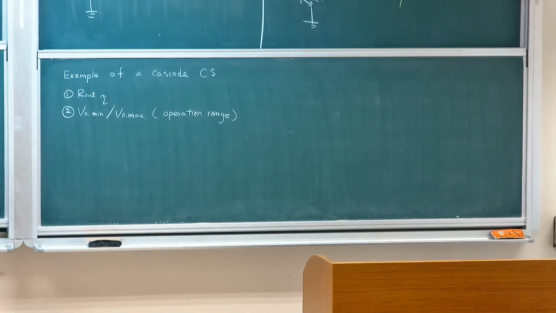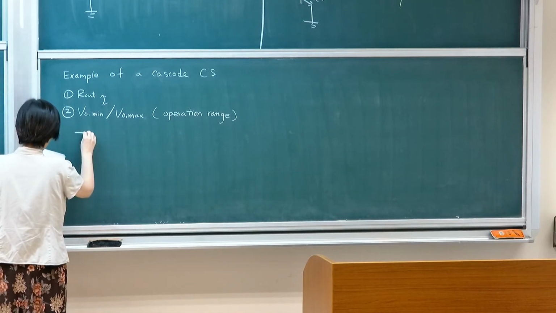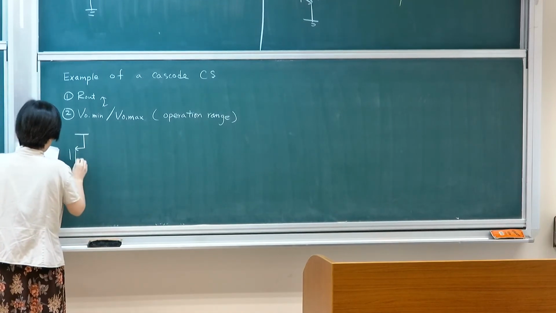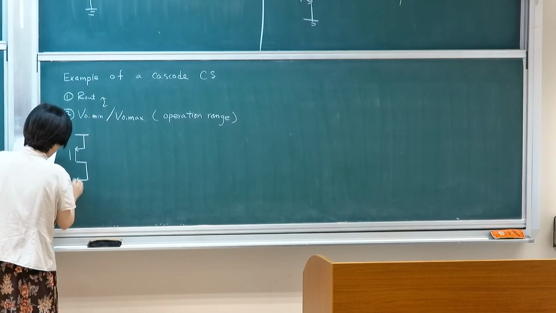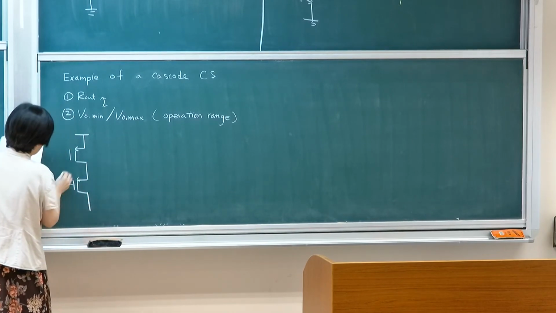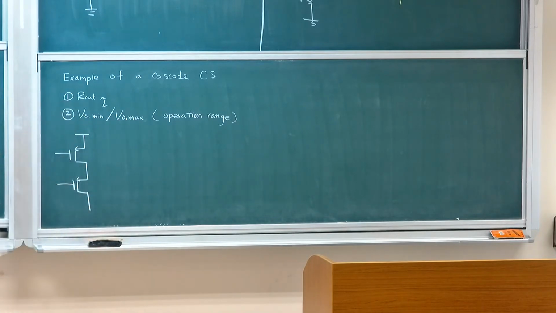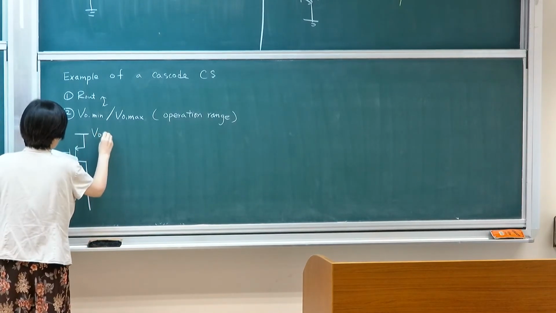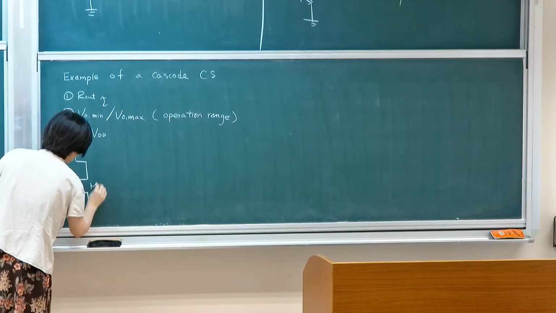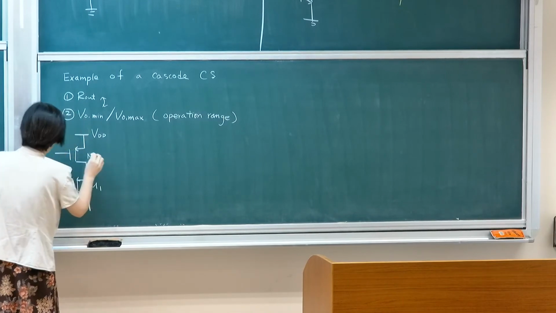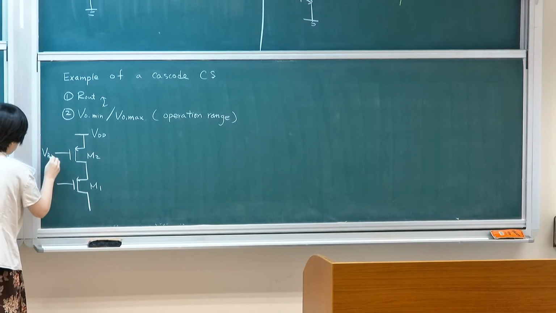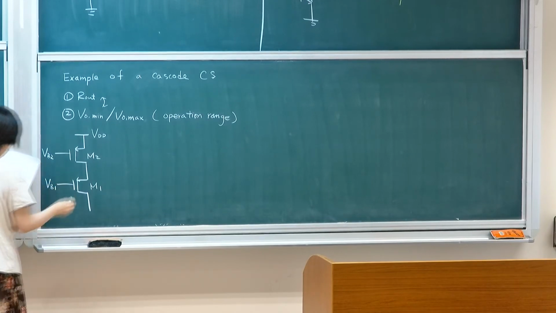So let's use an example of a pulling up version. I'm using a PMOS. Let's say this is my case. You need to find two parameters: one is its output resistance, and one is VO maximum. If you're looking at the pulling up version, this is VDD. I'm having two transistors, M1 and M2, and this is VB2, VB1.